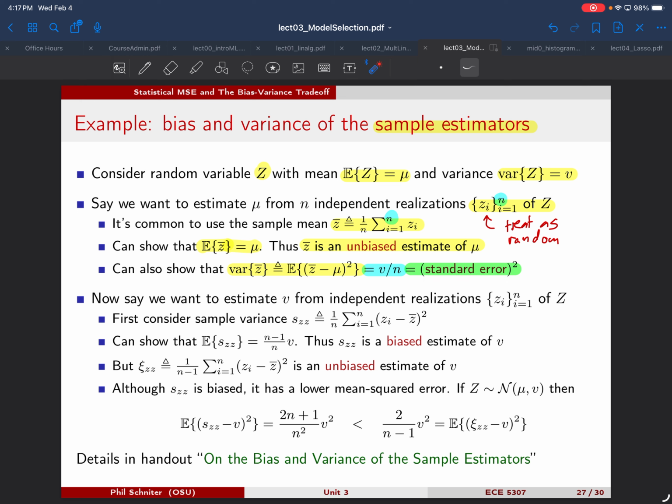Okay, so now we have an explanation for why we computed the standard error as square root v over n. Why did we compute the error bars that way? Because if you square that, that's exactly the variance of the sample mean estimator. Okay. So that explains how and why we computed standard error that way.